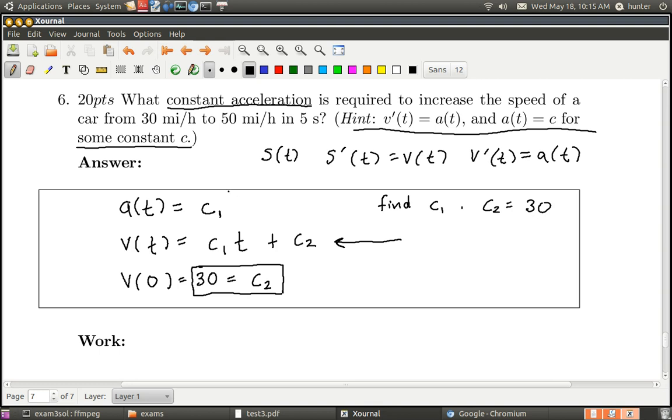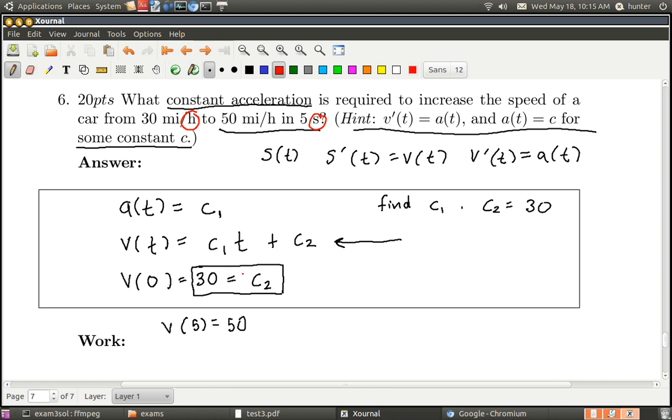Now that I know one constant, I can use this information to find the second constant. So what you might want to do is write v of 5 equals 50. But that's actually wrong, and it's a frustrating thing with the units. Notice that the units here are in seconds, but the units here are in hours.